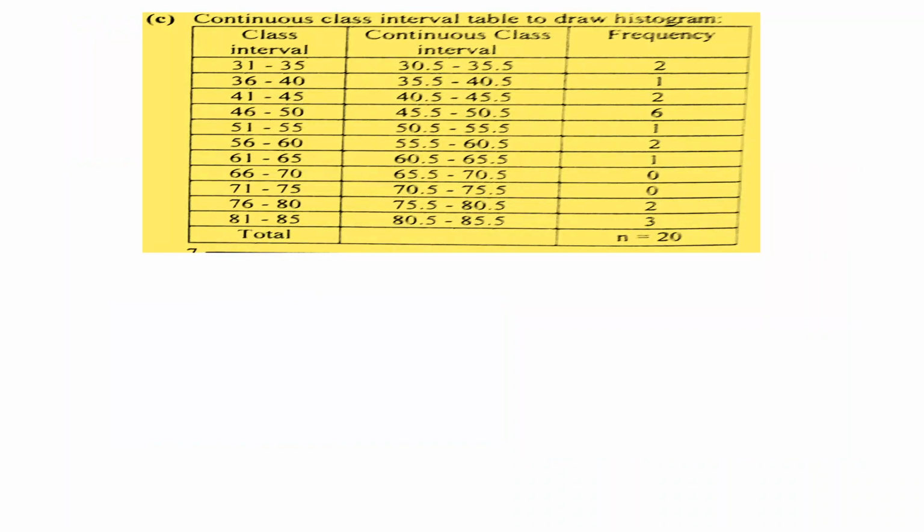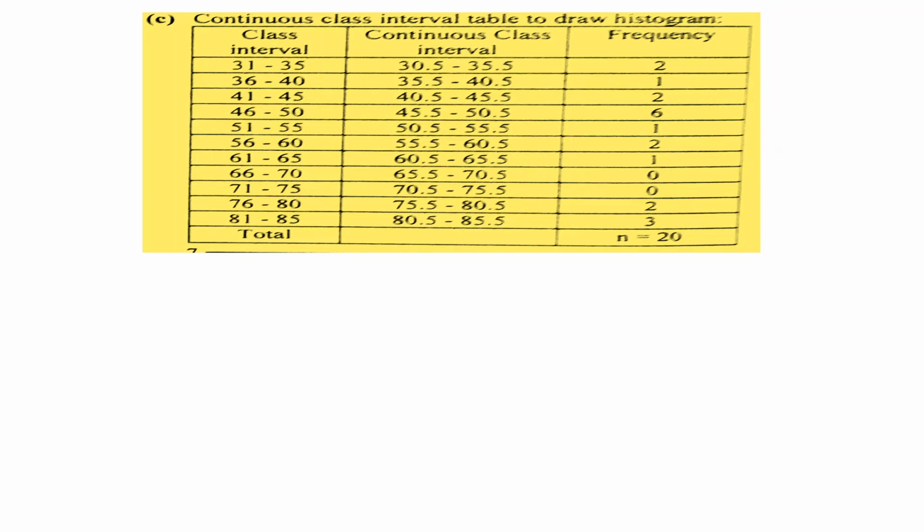Now write the continuous class interval. Deduct 0.5 from the lowest value and add 0.5 to the highest value of any class interval. So 31 to 35 will be 30.5 to 35.5.